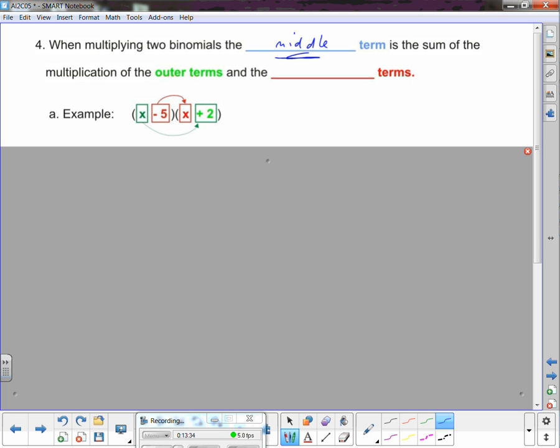Because the middle term of any trinomial is a product, the multiplication of the outer terms, right? Those are the green ones. Those are the outers. And the inner terms, that's the negative 5 and the x, right? So it's the sum of the products of the outer terms and the inner terms.